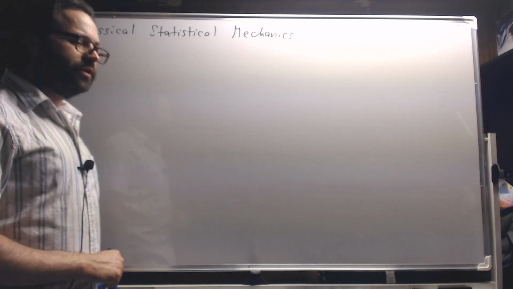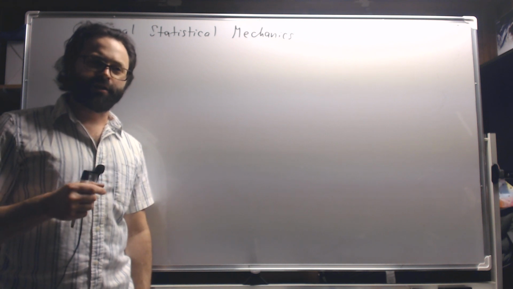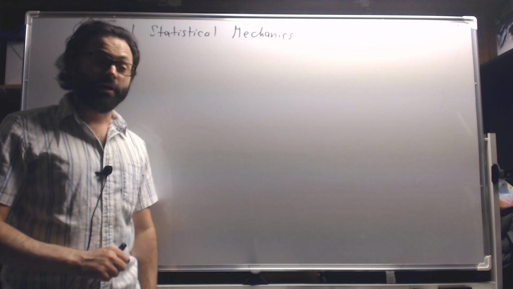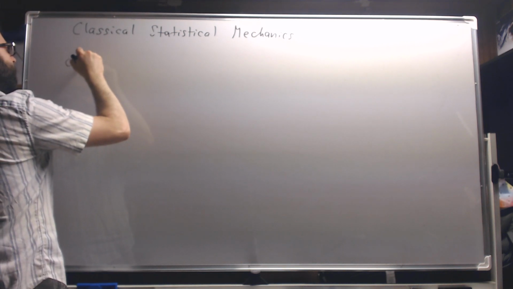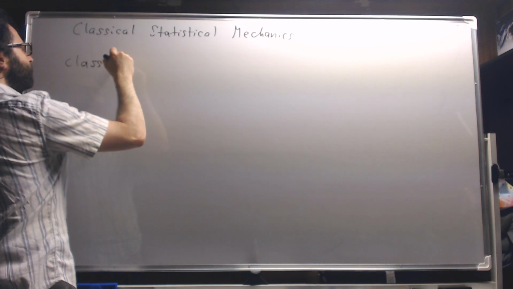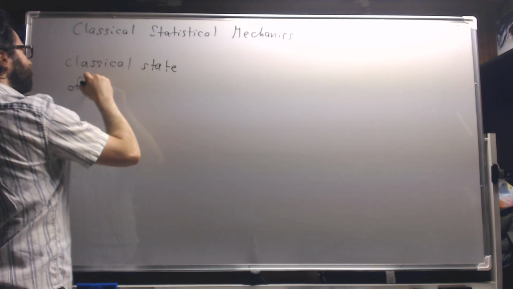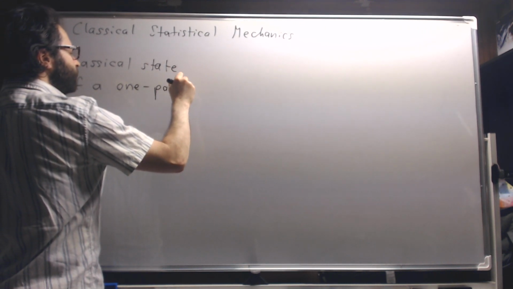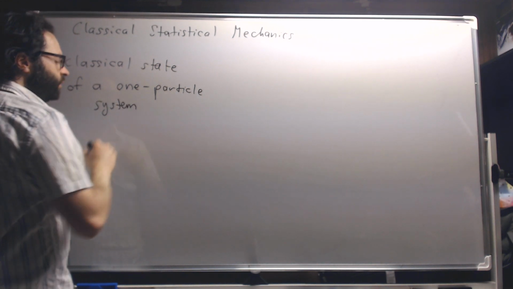What is the main change for us when we're speaking about a classical mechanical system, a system that is allowed to have a well-defined position and momentum, or particles that are allowed to have well-defined position and momentum? Well, so for a classical state of a one-particle system, let's say in a box.